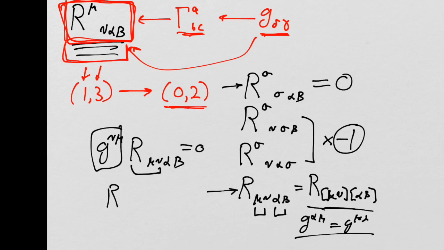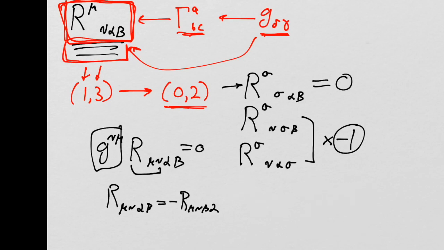Likewise, if I went with R_{μναβ}, that's minus R_{μνβα}, and then I just raise indices on both sides. I say g^{αμ} on both sides, then I get R^α_{ναβ}, which is the Riemann tensor contracted, and we'll call that R_{νβ}.